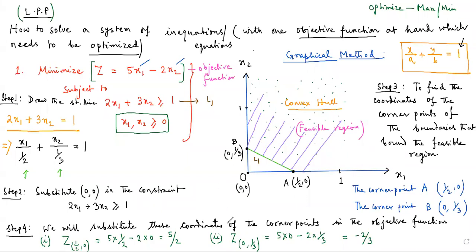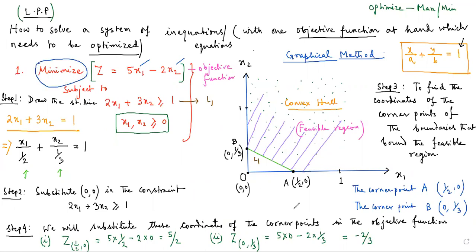So keeping this in mind, our job is done. We don't have to do anything more because only 2 corner points are there, as we can see. And here you see that this particular problem is actually a minimization type of problem.